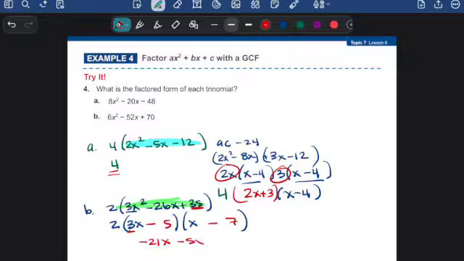And negative 5 times negative 7 will give me positive 35. Okay, so negative 21 plus negative 5 is negative 26x. Okay, so here's my completely factored form right there. I was able to figure out the numbers on the first try.